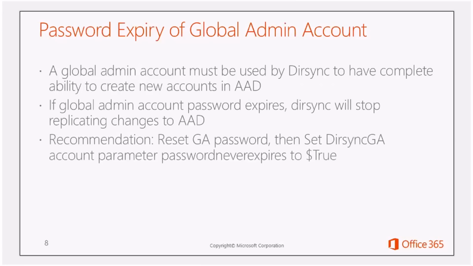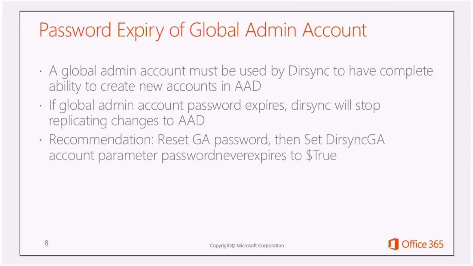For DirSync, you probably want to set the password never expires parameter to true, so that you don't have to go through changing the password every 3 months. However, if you do have a strict security policy where you must change passwords, then you want to go ahead and set up a reminder in Outlook or something just to pop up so that you will be aware of the password change requirement.